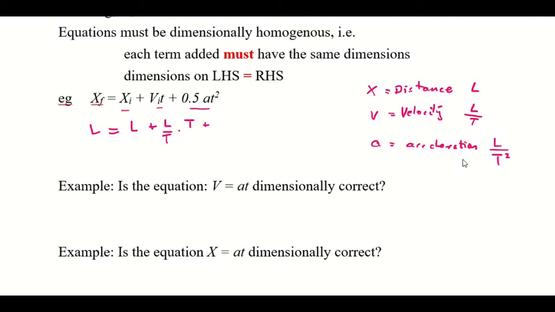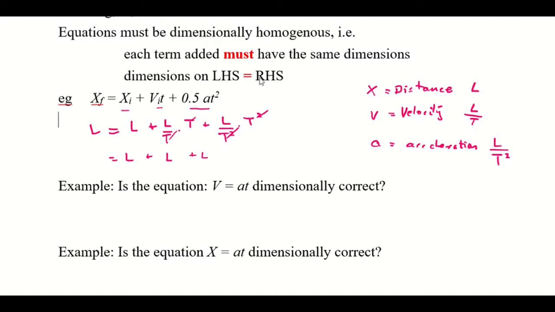The a is L over t squared, and this is a time, so it's t, and it's squared. And now we can see that the t will cancel here, and we'll be left with a length and a length, and the t squared will cancel with the t squared and we are left with length.